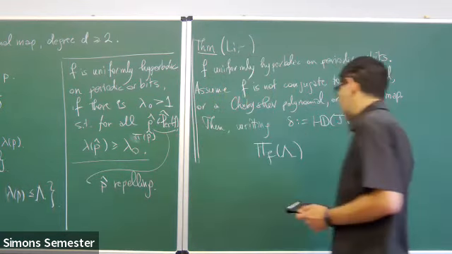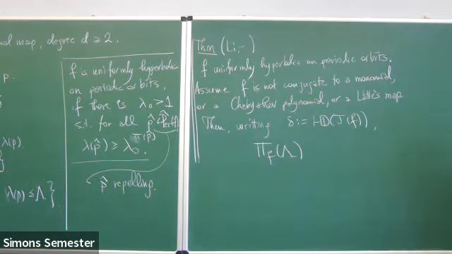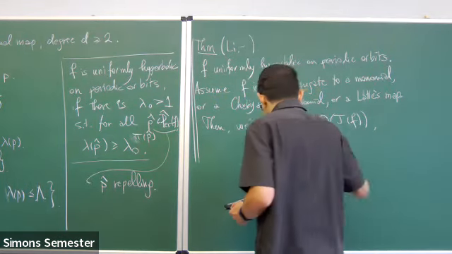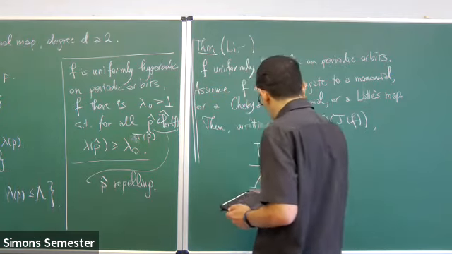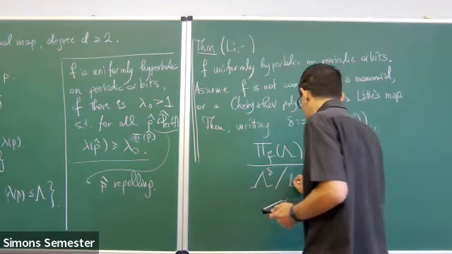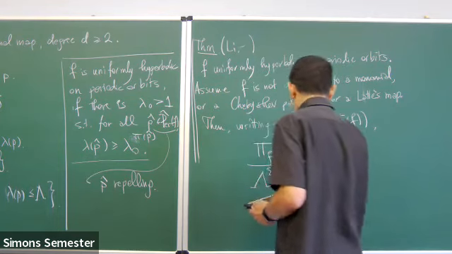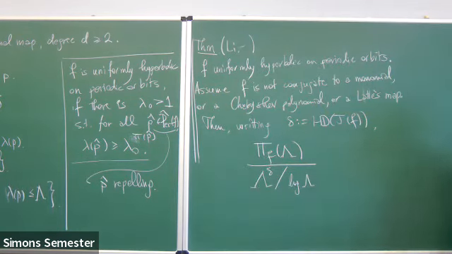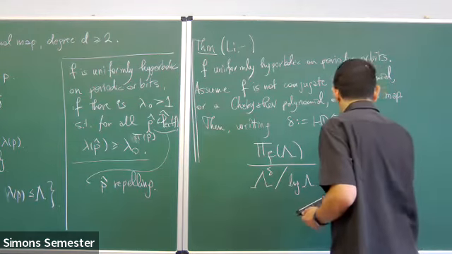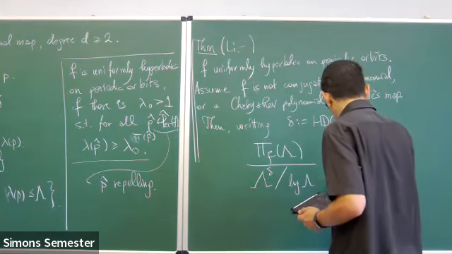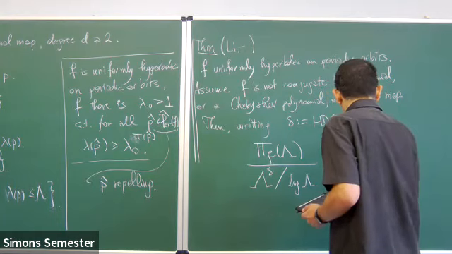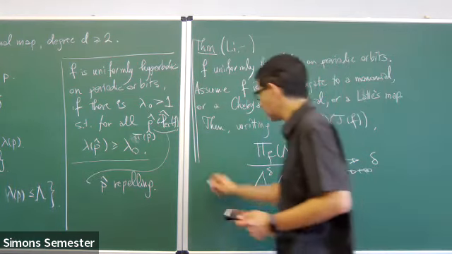The prime orbit counting function is asymptotic to... We need to make a correction here. Instead of writing just plain lambda, we need lambda to the delta. That's right. And this converges to delta. Okay, so that's the theorem.